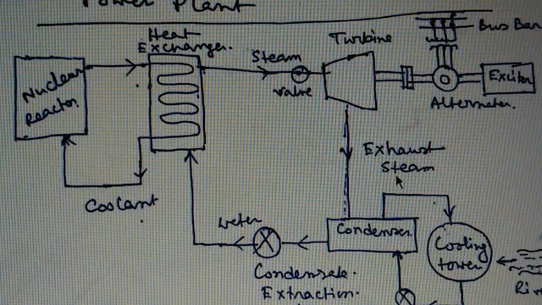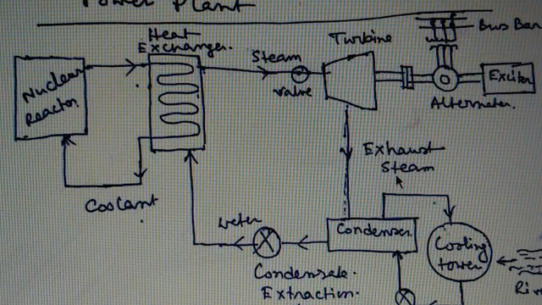Next point, a nuclear power plant requires less space as compared to any other type of power plant. Next advantage, it has low running charges as a small amount of fuel is used for producing bulk electrical energy. Next advantage, this type of plant is very economical for producing bulk electrical power because with the help of a small amount of fuel we can generate a tremendous amount of electrical energy.